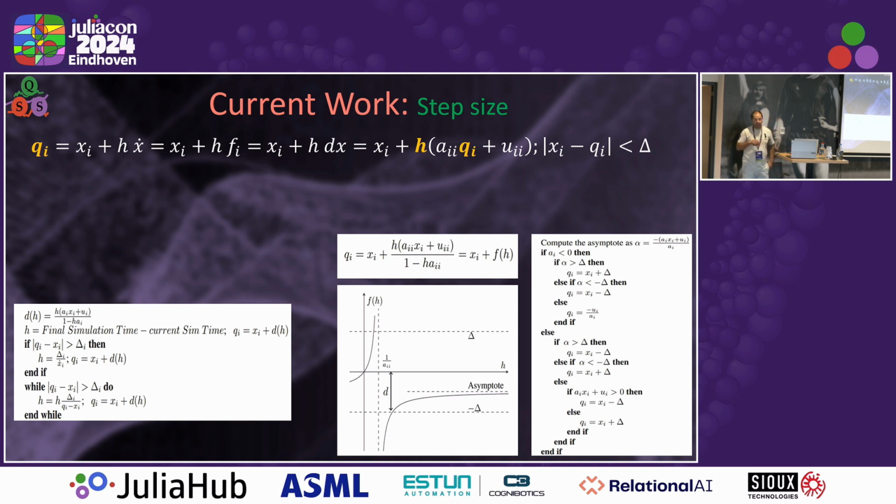Another change that I made is in the way they compute the quantized state at each time: they use iteration. This is the function that updates the quantized variable, and we see that Q appears on the right hand side, and also H, the future step size, is unknown, and they used iterations to find Q and H at the same time.